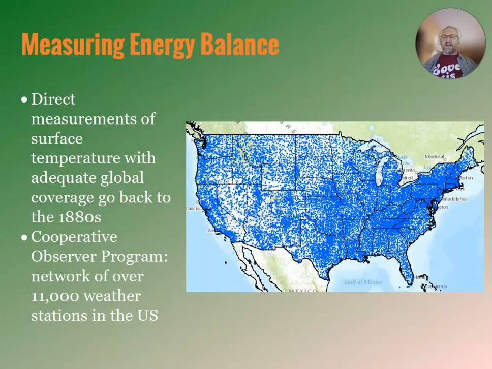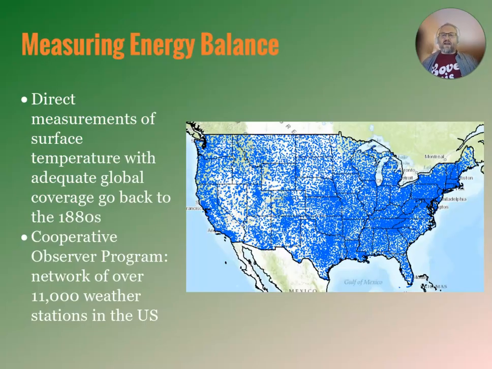They feed that data into the federal government, which is then able to use that to calculate changes in the overall average temperature for different regions, or ultimately for the world when we combine this data with similar data being gathered in other countries around the world. So we've got a lot of these weather stations all across the United States.